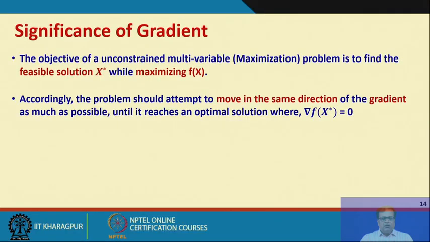Right. So, the objective of an unconstrained multivariable maximizing problem is to find the feasible solution x star while maximizing f x, and the problem should attempt to move in the same direction of the gradient as much as possible until it reaches the optimal solution. So, that is how we make use of gradient to solve problems.